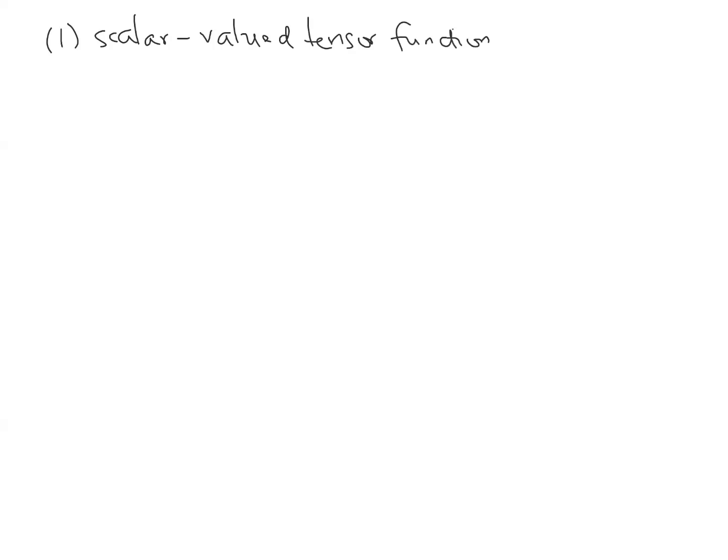The scalar valued tensor function is the trace of S. If you find the trace of S, you see that this trace, which is the function we're looking at, is a scalar. The argument that we have here is a tensor. So that's why this can be called a scalar valued tensor function.